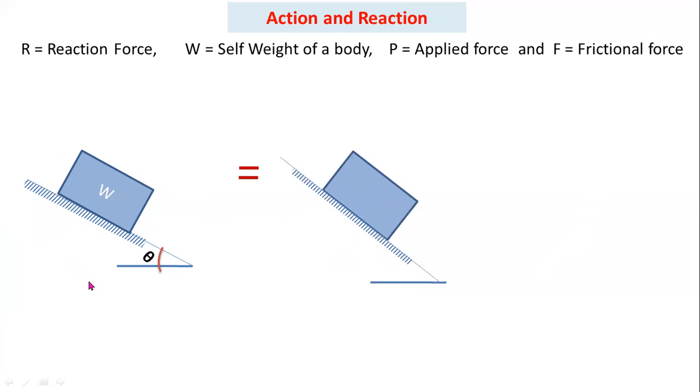Now I am considering the same condition. This is the self weight, this is the reaction force. This reaction force makes an angle 90 degrees with respect to the support.